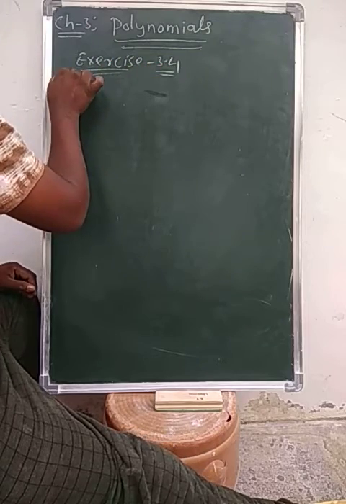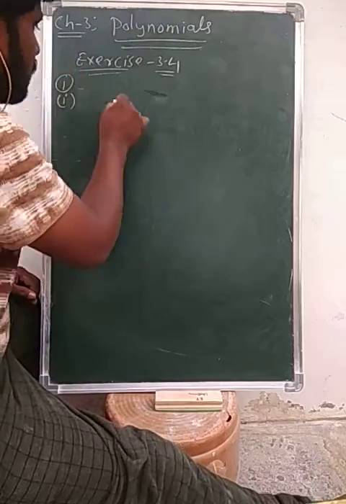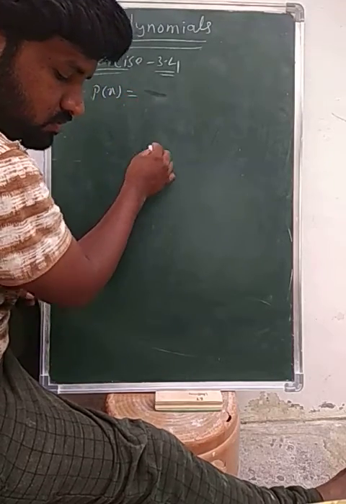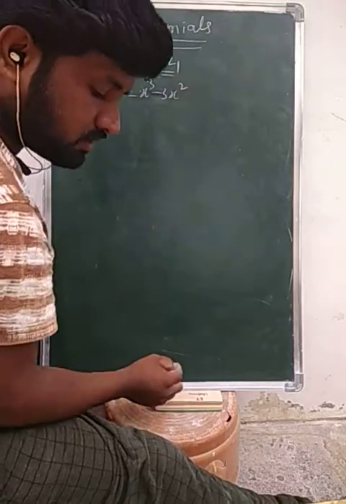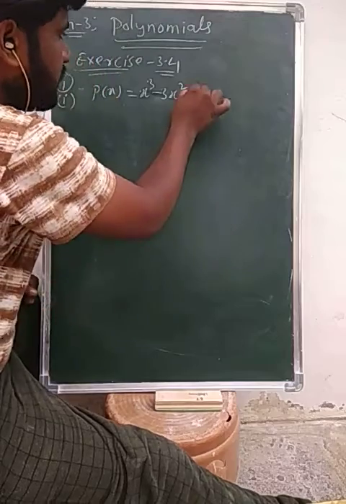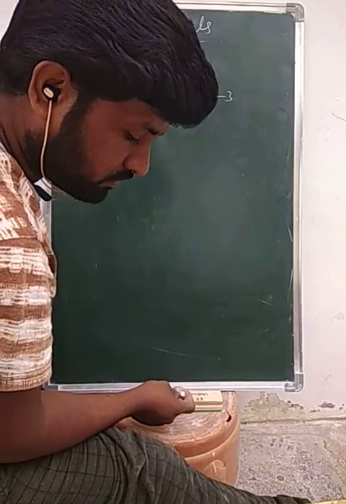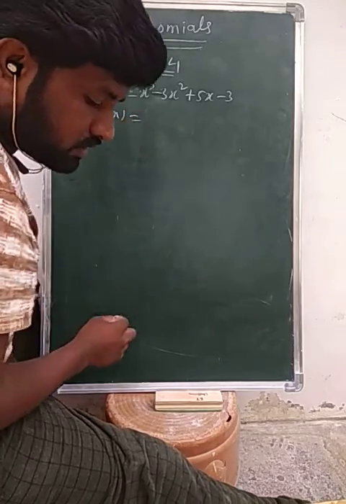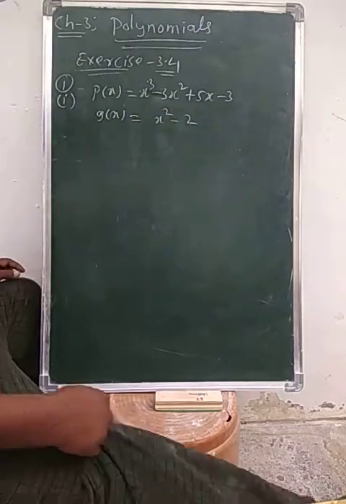In that, the first question: p of x is equal to x cube minus 3x square plus 5x minus 3, and g of x is equal to x square minus 2.